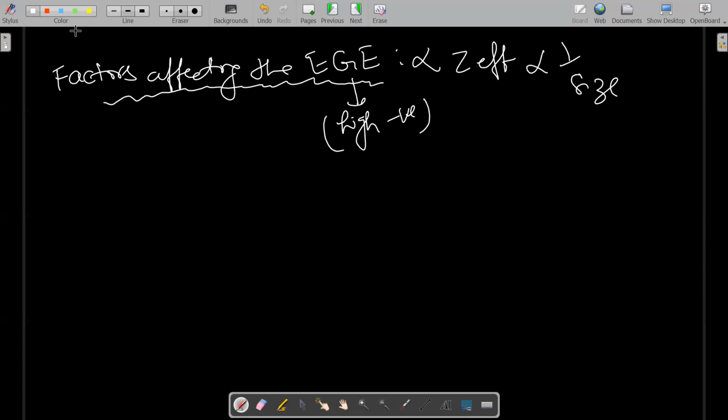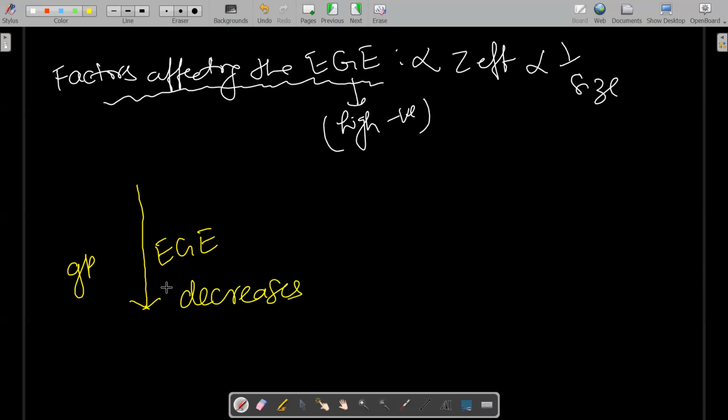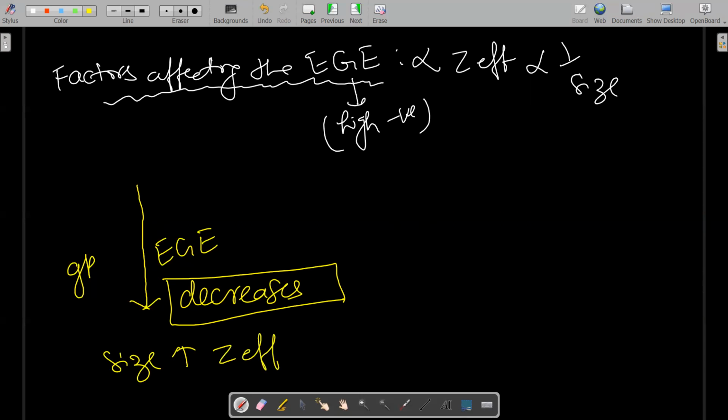So when we go for the general trend in a period and in a group, what can we say? Down the group, you tell me, does electron gain enthalpy increase or decrease? Of course, it decreases, right? Why does it decrease? Because down the group, the atomic size increases and effective nuclear charge decreases.